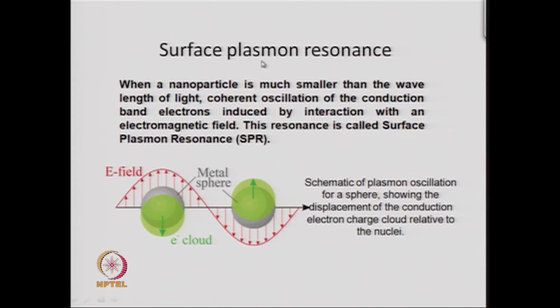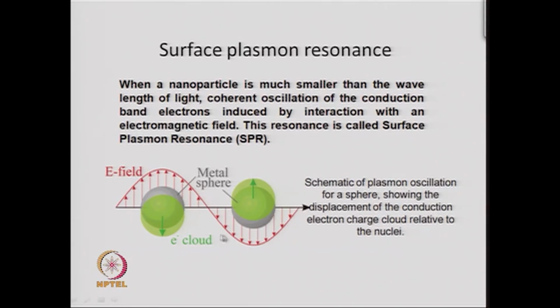Plasmon is basically a quantized oscillation of conducting electrons of the conduction band. So, all the metals will have conduction electrons, and if they oscillate as light falls on them, then you will have surface plasmon resonance.